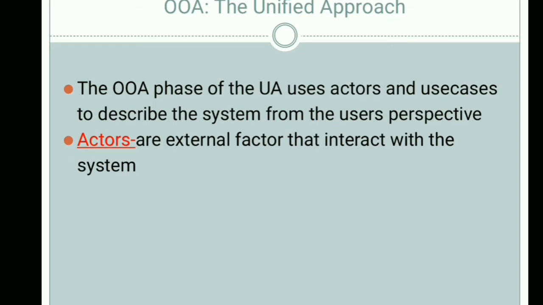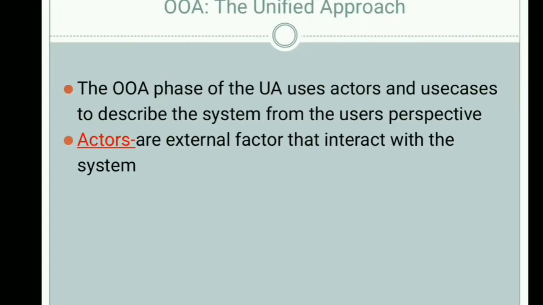It is not always necessary to have a human being as an actor. We may have any other element or an external system as an actor. In the UML, the Unified Modeling Language, or in use case modeling, an actor has different representations. Actors are always external to the system. Actors interact with the system.